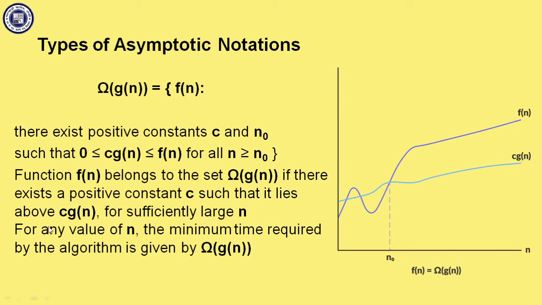Hence, the function f of n belongs to the set omega of g of n if there exists a positive constant c such that it lies above g of n multiplied by the given constant for sufficiently large input size n. Hence, for any value of n, the minimum time required by an algorithm is given by omega of g of n.